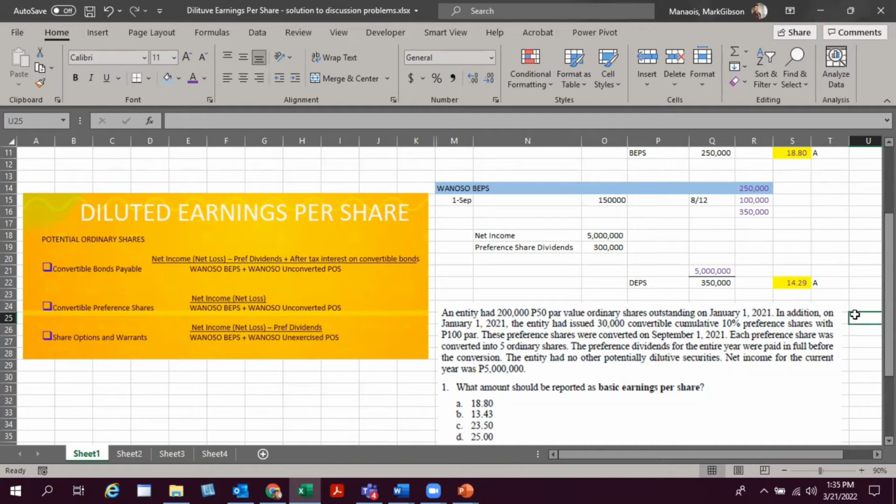So it's as if those preferred shares were converted to ordinary shares on January 1, 2021. So if it's converted on January 1, 2021, wala ka na kailangang bayaran na preferred dividends. Okay, so that's problem number 1.